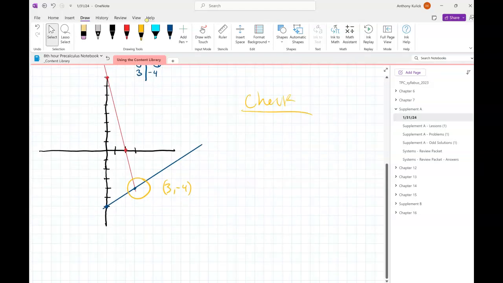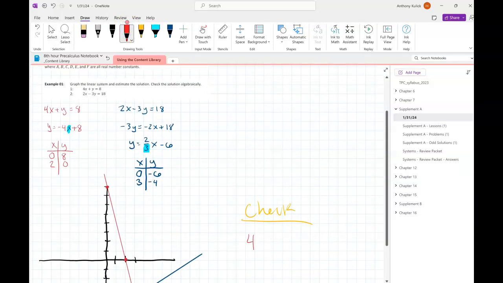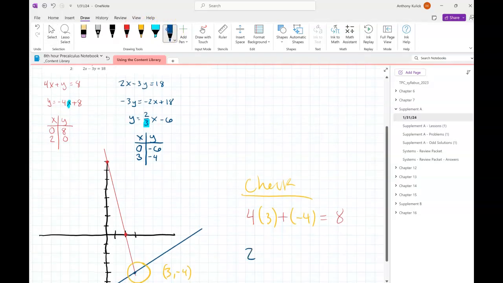To check this, all I'm going to do is plug that solution into my x and y. And I'm going to plug it into both equations and make sure that they both work.